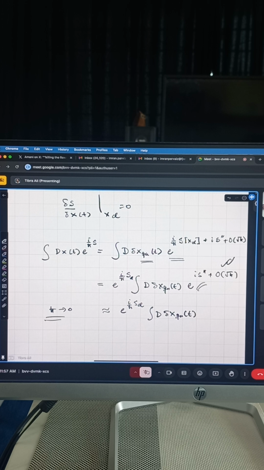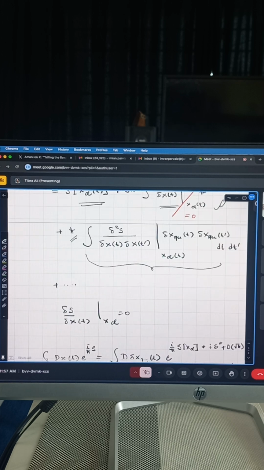And if you look at this term, this is a functional integral, but it's a Gaussian functional integral. And we know how to do Gaussian functional integrals.